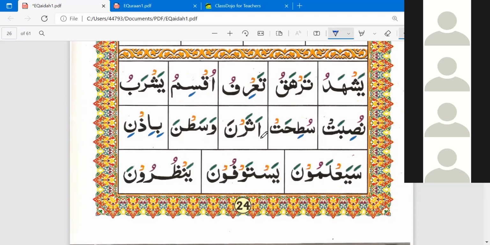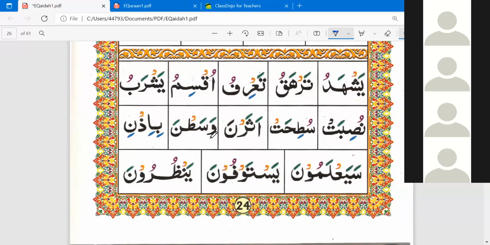Alif fatha, ta fatha, ta. Sa. Ro sukun, sa. Nun fatha, na. All together: afarina. Afarina, nusibat, sotehat, afarina.